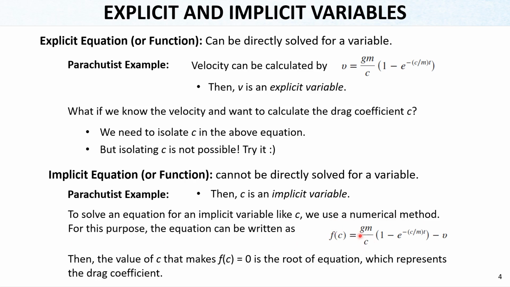Because we are not able to isolate C, we simply say, okay, this function is about C, f(C), and we just move this V value to the other side, and we have this function equals 0 and want to solve this. So f(C) is 0 now. That's why we want to solve this function to get the roots of this equation. And C is the direct coefficient that we want to find, for example.